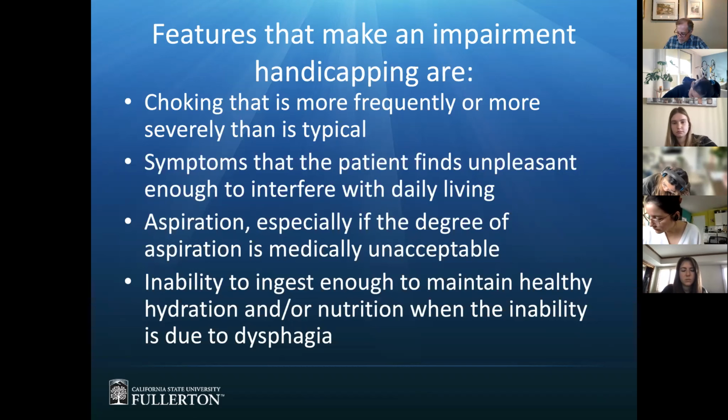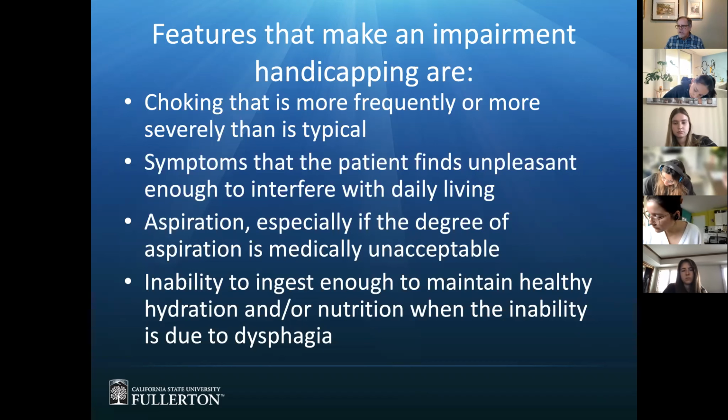In other words, we've seen an impairment on the modified, we see that it's causing coughing, and then we see that the patient says they never eat with anybody else because they find that the coughing is embarrassing or disruptive. That has interfered with daily living.